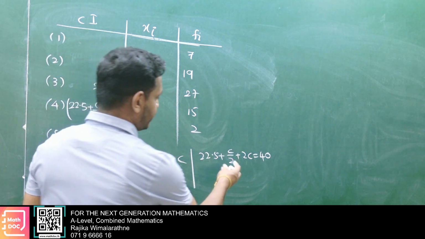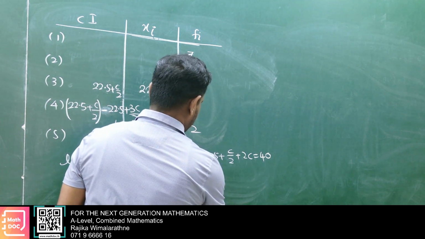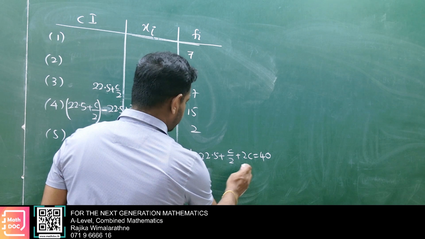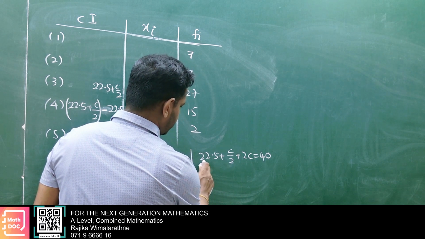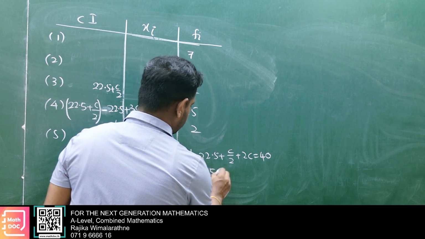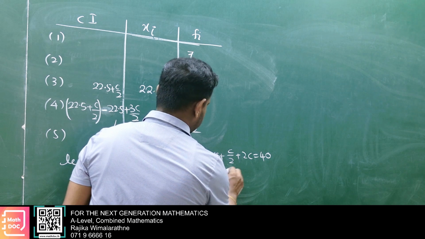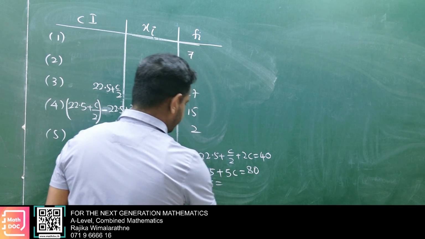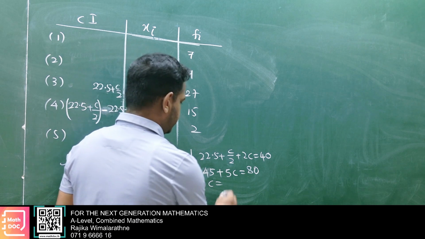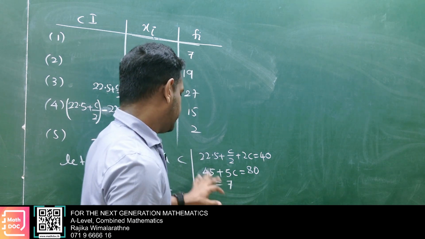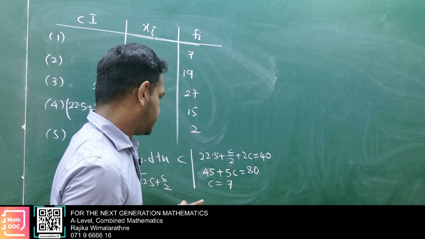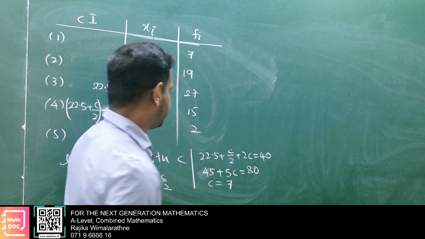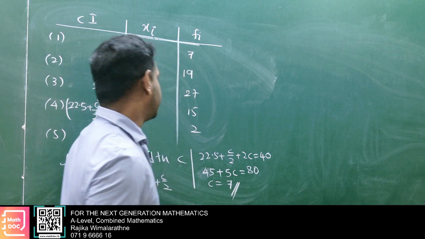Then find the C value. Multiply by 2: 45 plus 5C equals 80, then C equals 7. Class width 7.